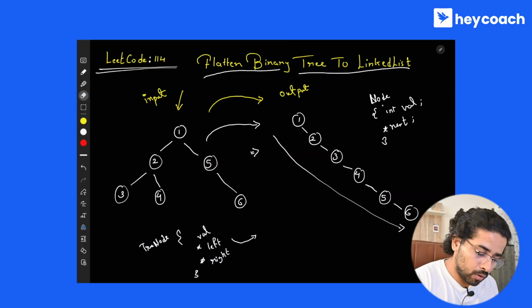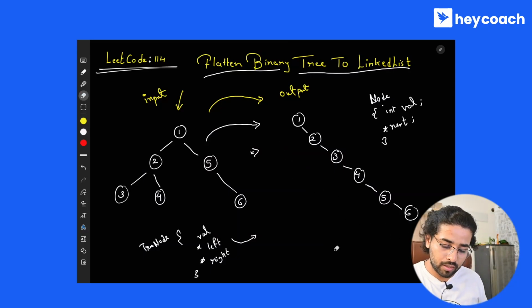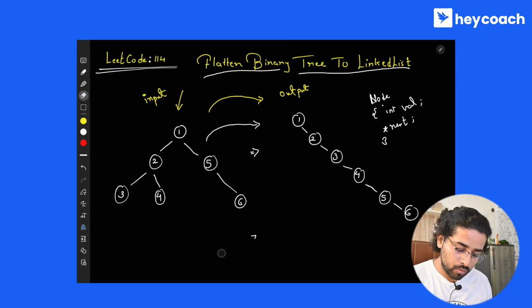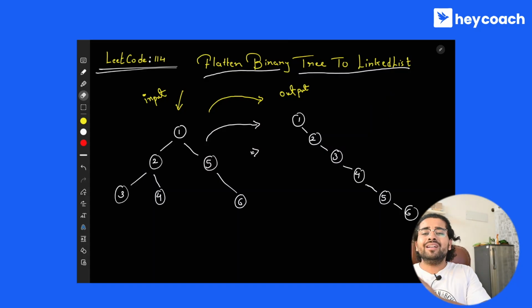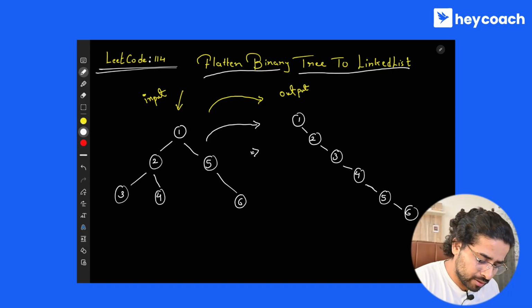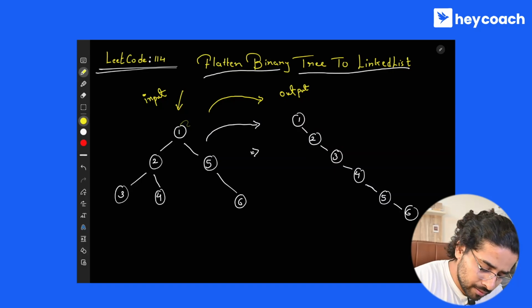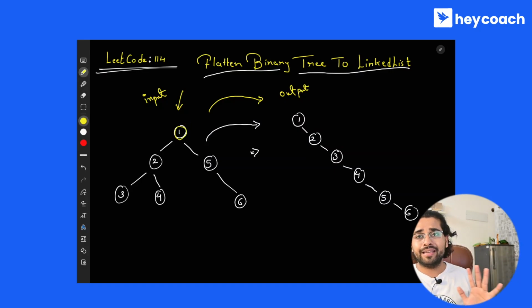Now the question is how we are going to convert this binary tree into a flattened linked list. Let's consider I want to traverse the binary tree using pre-order traversal. How does pre-order traversal work? Pre-order traversal prints the root node, then the left child, then the right child.